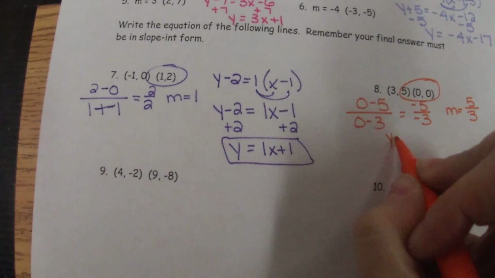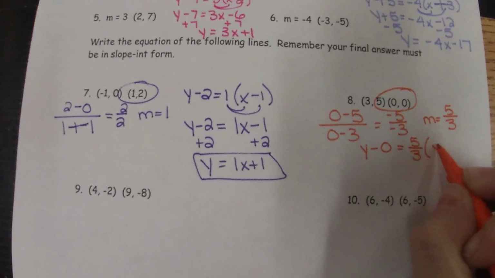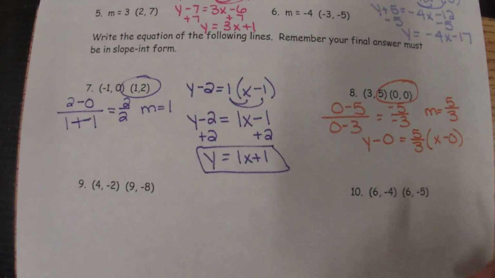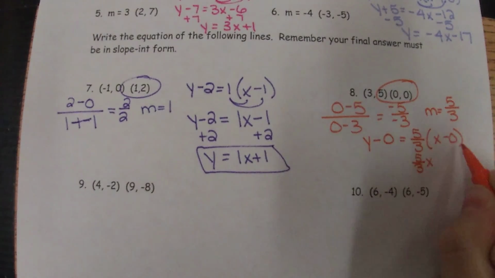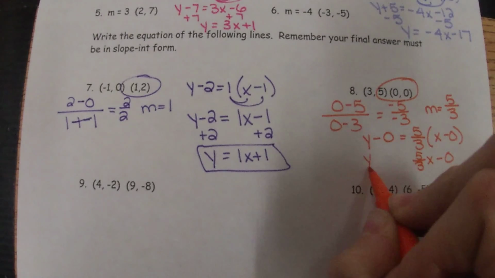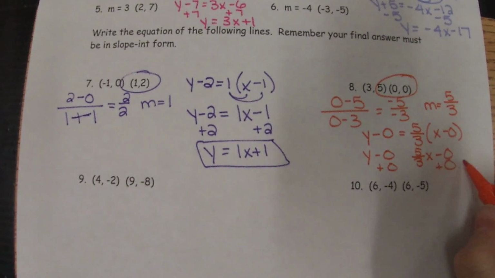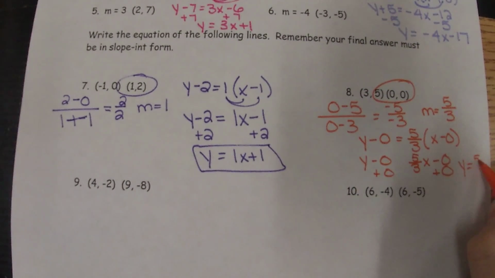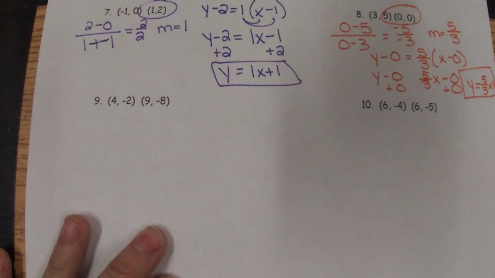So we'll say y minus 0 equals 5/3 times x minus 0. So we distribute, that will give us 5/3 x minus 0. Adding a 0 over doesn't do us a whole lot of good, and so our final answer is just y equals 5/3 x. If you left that plus 0 or minus 0 on the end, that is fine as well.